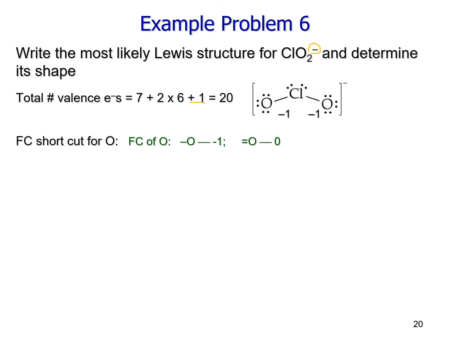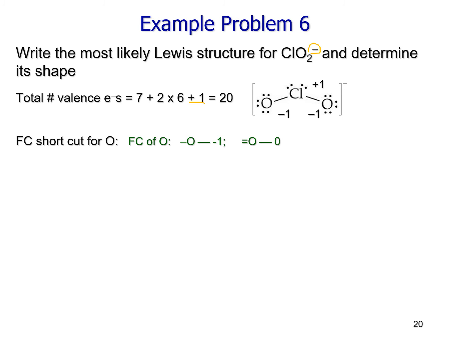Now we got the 2 oxygens with -1 charge each. Together, that would be -2, making chlorine, you got it, +1. In a case like this, we do not even have to bother with the formula of the formal charge if we know the shortcut for oxygen. Apparently, this is not the most likely loose structure.